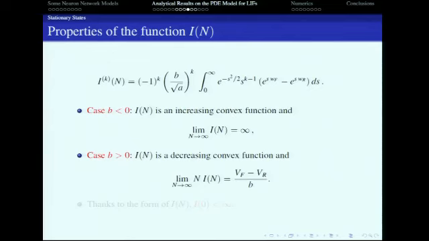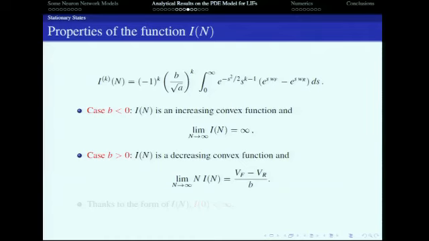What we can show is that for V negative, I of n is always an increasing, convex function of n, and that as n goes to infinity, it goes to plus infinity. So then, very good. You have 1 over n, you have an increasing convex function, perfect. Life is easy, one unique stationary point. Okay?